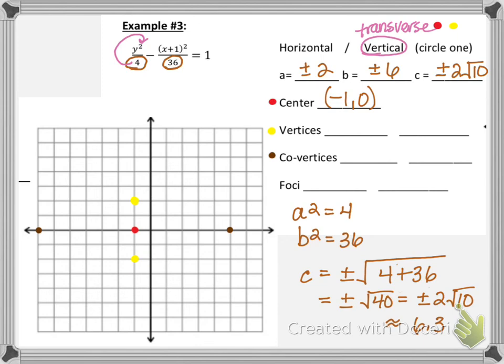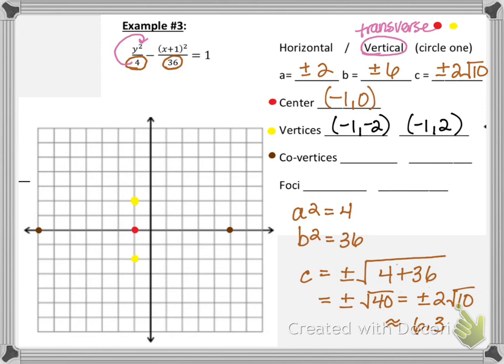Let's put the coordinates for all of those before we go any further. For our vertices, we went to the left 1, down 2. So -1, -2, and the other one was -1, +2. Those are my yellow.